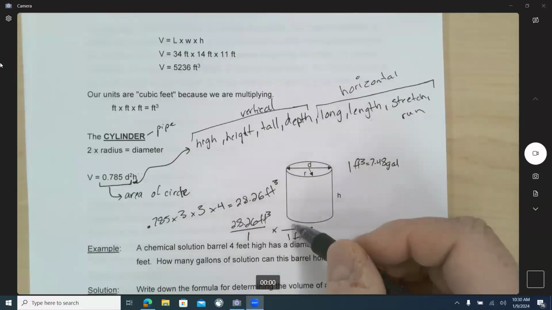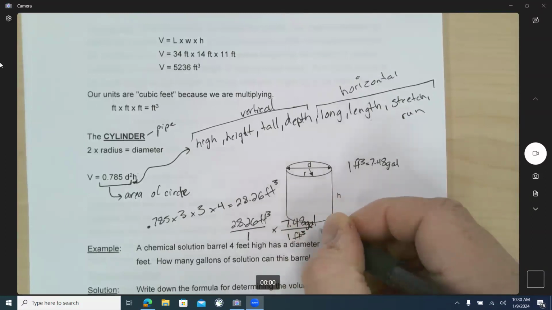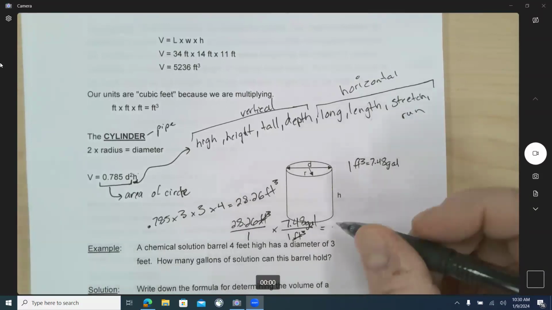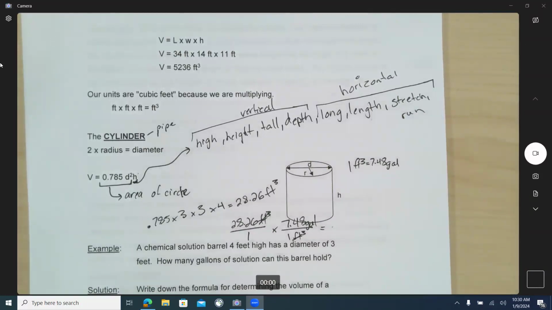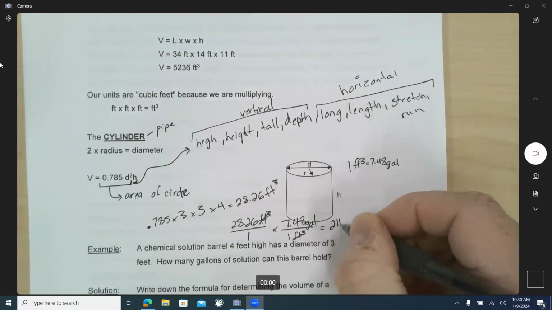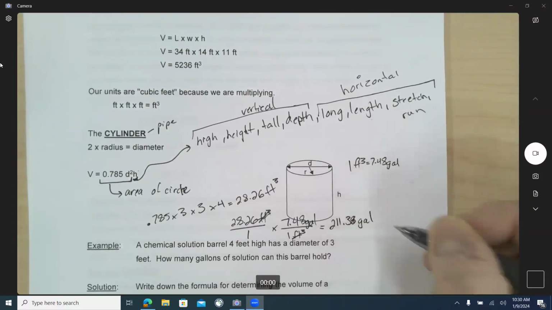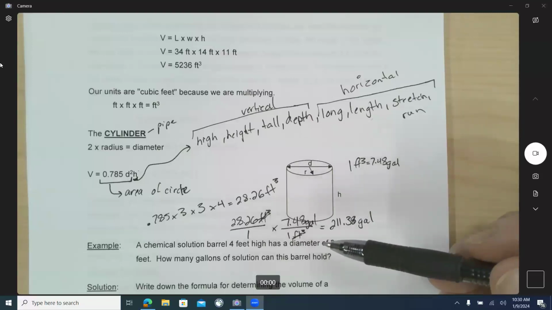So 1 cubic foot equals 7.48 gallons, right? So 28.26 cubic feet times 7.48 is going to give us 211.38 gallons. Oh, well, that was cool, but that required 2 steps.